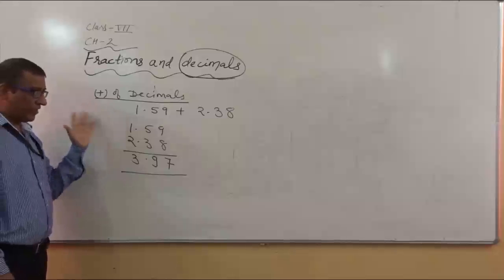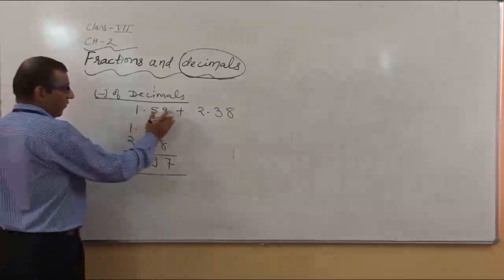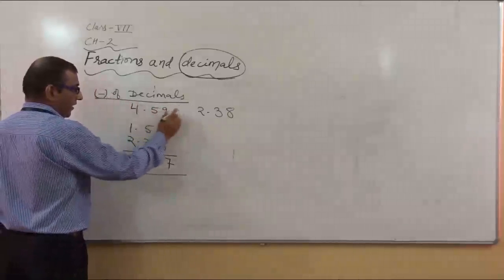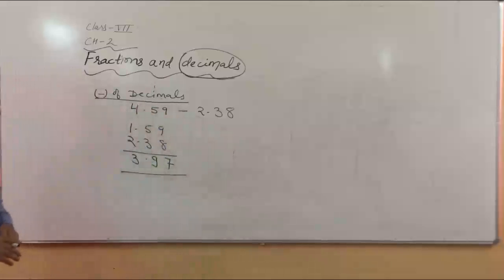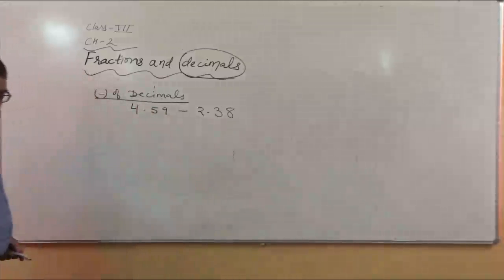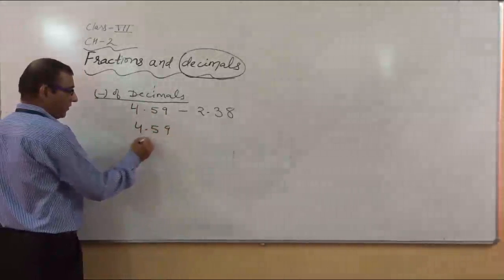Same for subtraction. If we are taking subtraction, how can we do it? We will change the question and write minus here. This is just a recalling of your previous concept.